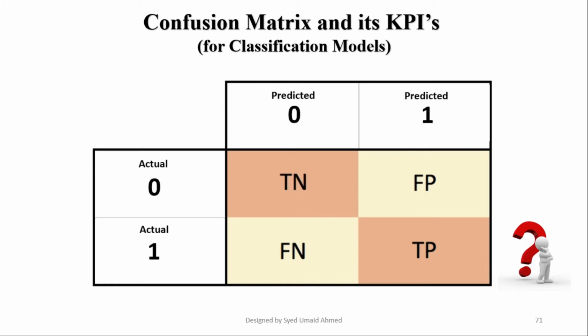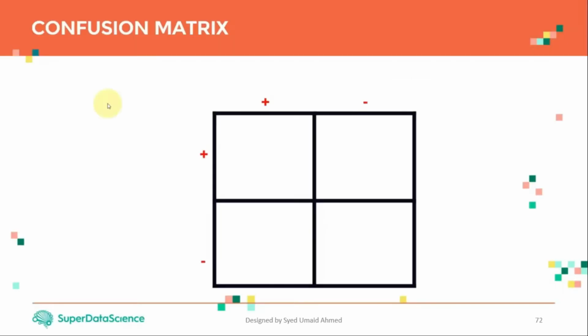You can see the true negatives, the true positives, the false positives and the false negatives. Now let us move towards the video so you can get a clearer idea about the confusion matrix and its KPI. What is KPI? KPI is the key performance indicator. So leave it for now and move towards the video.